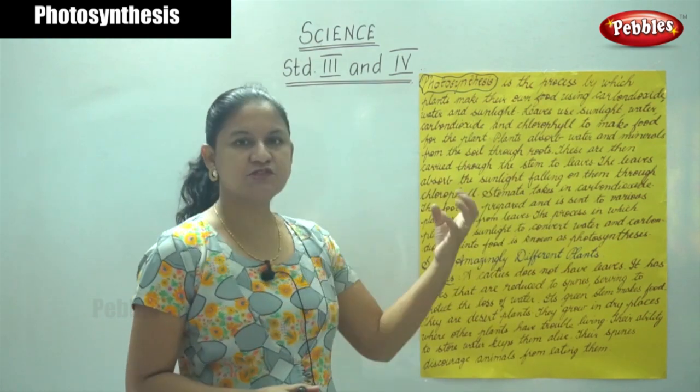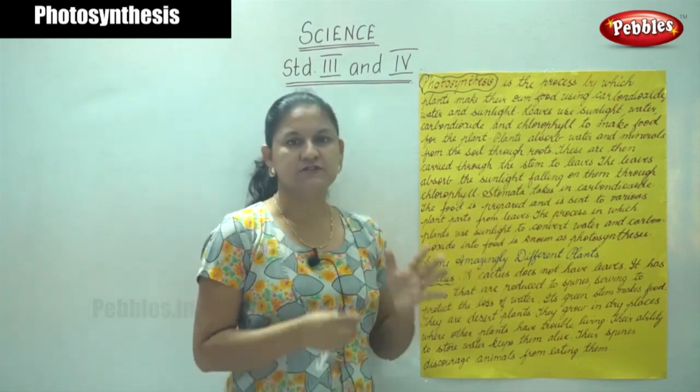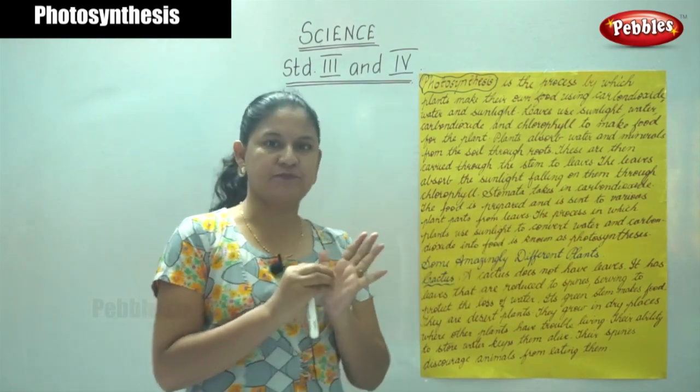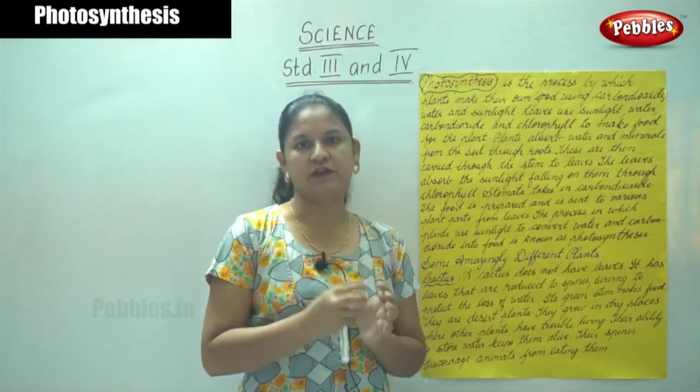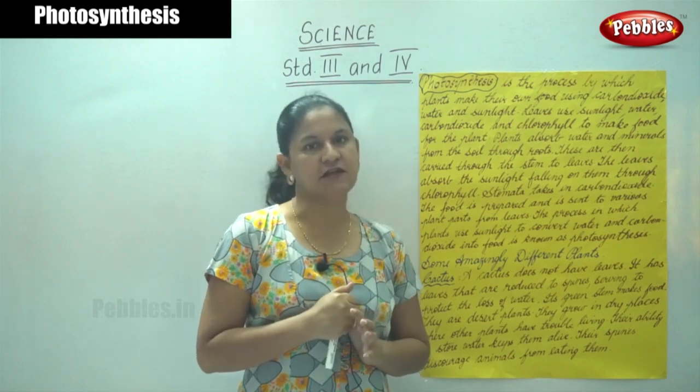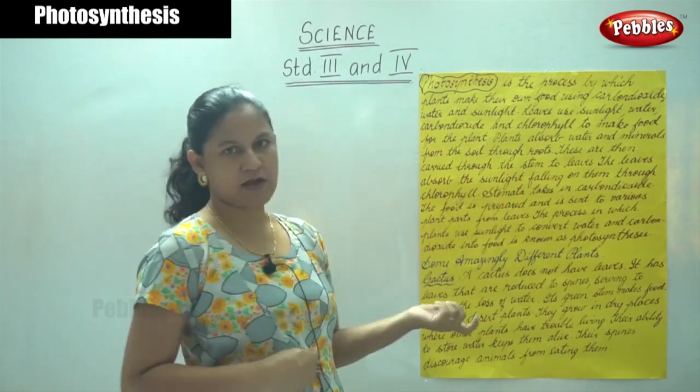The leaves absorb the sunlight falling on them through chlorophyll. Chlorophyll is a green colored pigment present on the leaves, and only through chlorophyll is the sunlight absorbed by the leaf. Stomata takes in carbon dioxide.